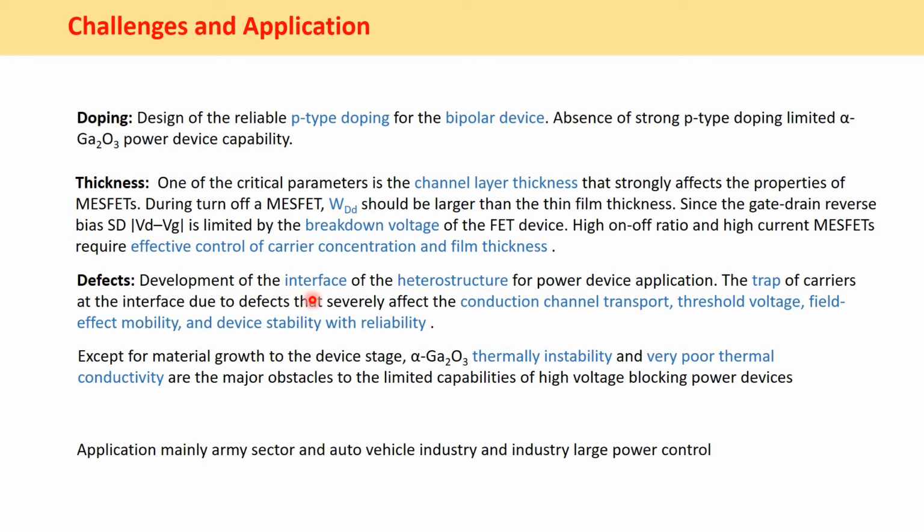They obstruct the flow of electrons and hamper device performance, such as conduction, transport, threshold voltage, field effect mobility, and device stability and reliability. So we have to be very serious about defects and reduce the defects of the material. Electron mobility is directly related to drain current as well as the Baliga figure of merit.